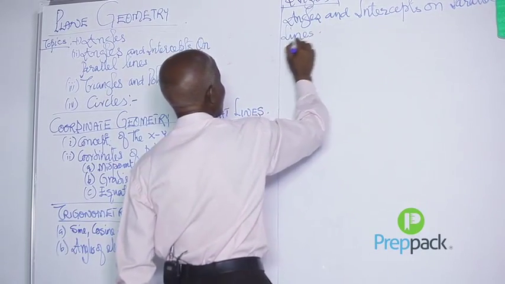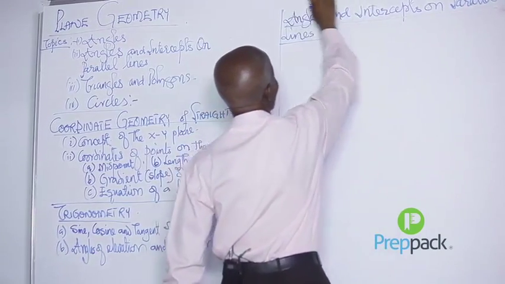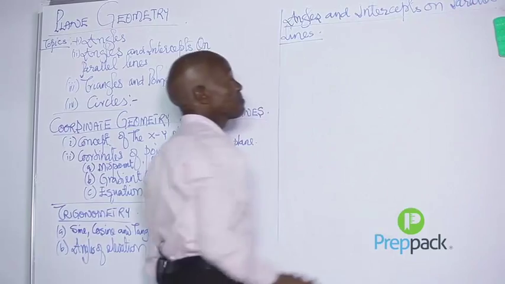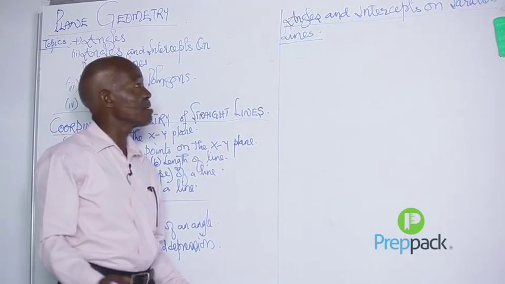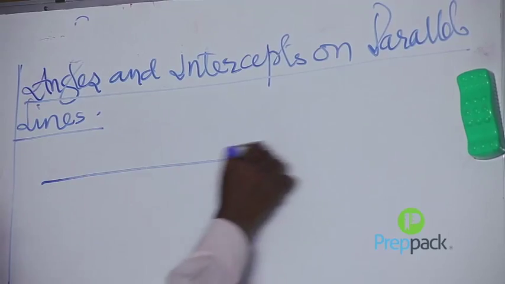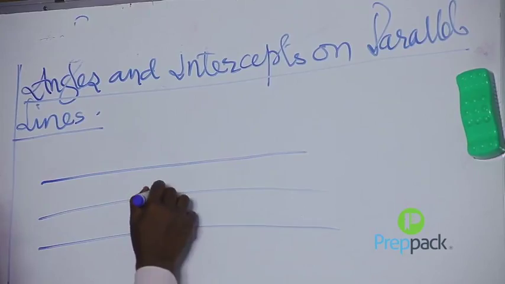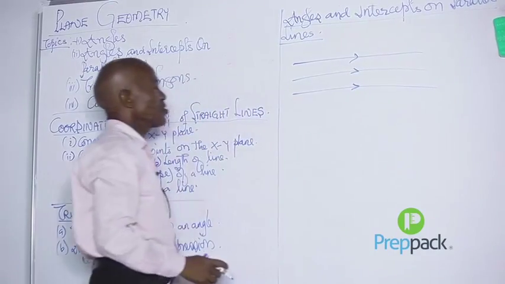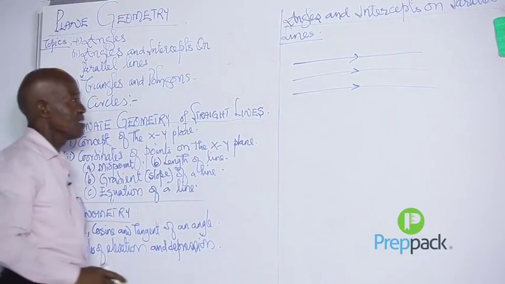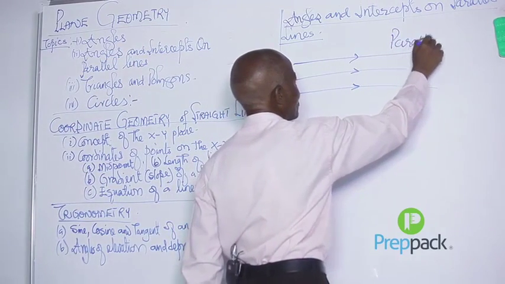First of all, we ask ourselves, what exactly is meant by parallel lines? If you have two or more lines that can never meet, no matter how they are prolonged, they will be considered as parallel lines. So these are parallel lines.